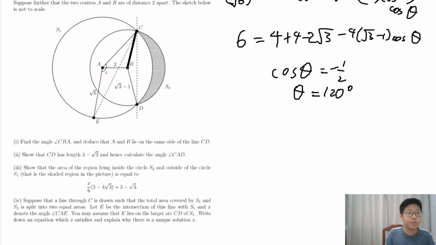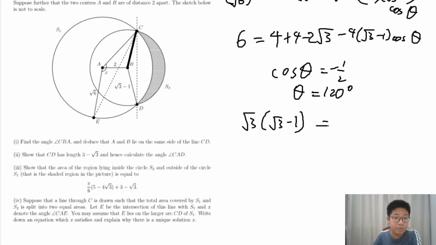Actually, we haven't done question 1 yet. So this actually implies that AB is perpendicular to CD, hence creating an equilateral triangle. So we can use this fact to our advantage by saying that CD has length root 3 minus 1 equals 3 minus root 3, and hence calculate the angle CAD.